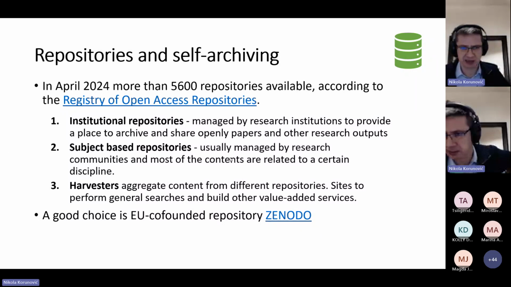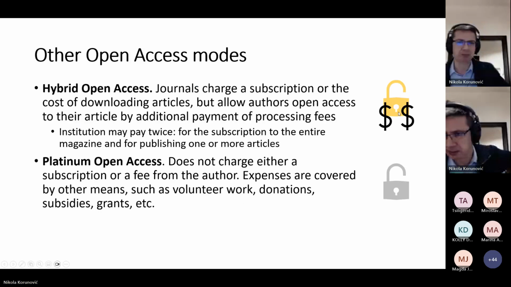Then you have subject-based repositories that are usually grouped around some topic or some area of science. And maybe most important are the harvesters. Those repositories aggregate the content from different repositories. So if you want to search for a repository or for some content, you can get the best results in those harvesters. Maybe the most well-known one is Zenodo. It's also EU co-funded, and many of you also had the chance to hear about this.